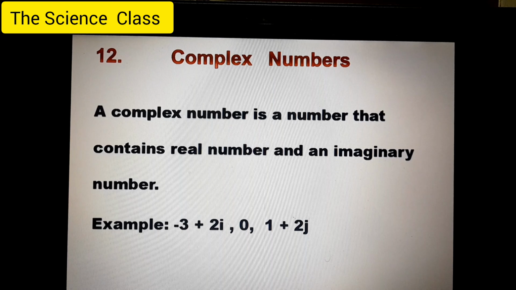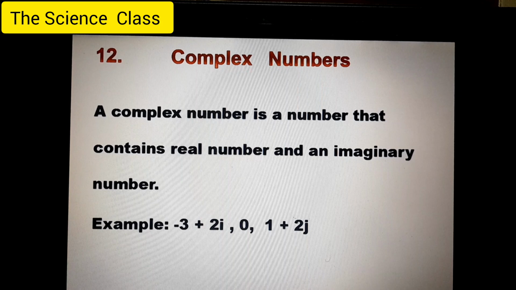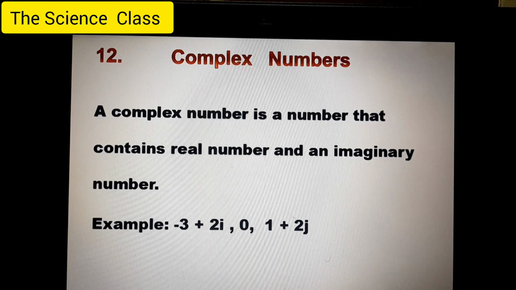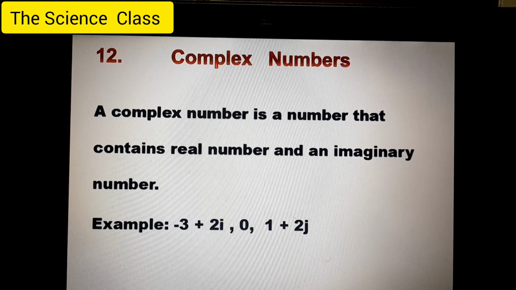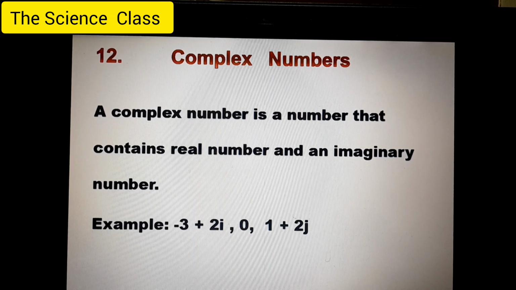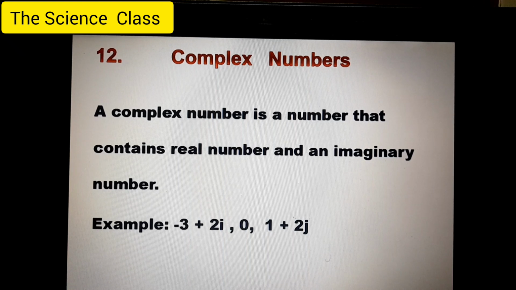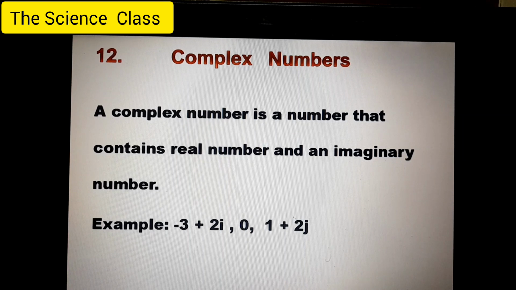If you don't really know what this means, they are going to be discussed in advanced mathematics, and they are also used in engineering and other advanced areas of mathematics. But just know that there exists a number called a complex number, which is the addition of a real number plus an imaginary number. It could also be minus an imaginary number, as seen in this first example, which is written as minus 3 plus 2i.